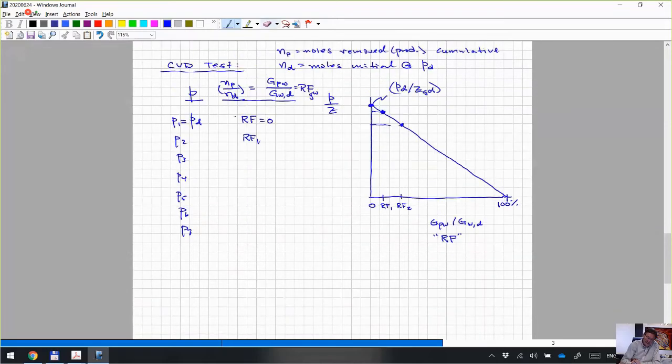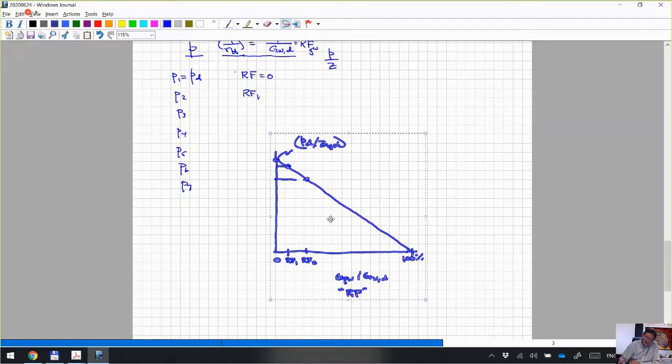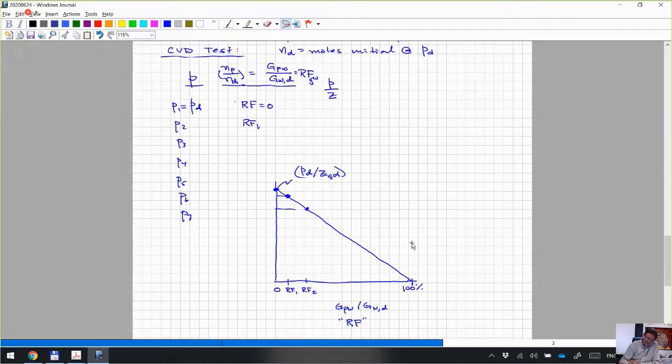So what they do is they read the P over Z from the straight line. These values here.